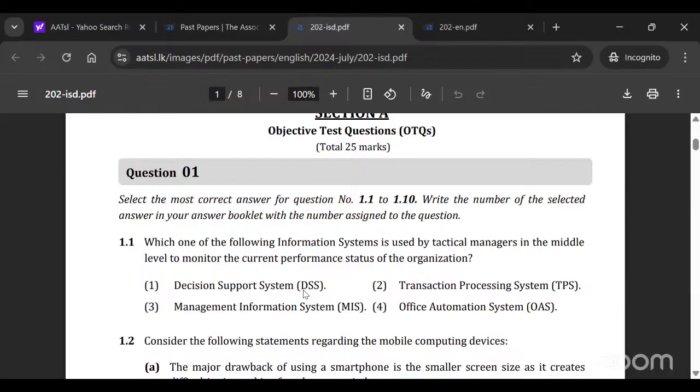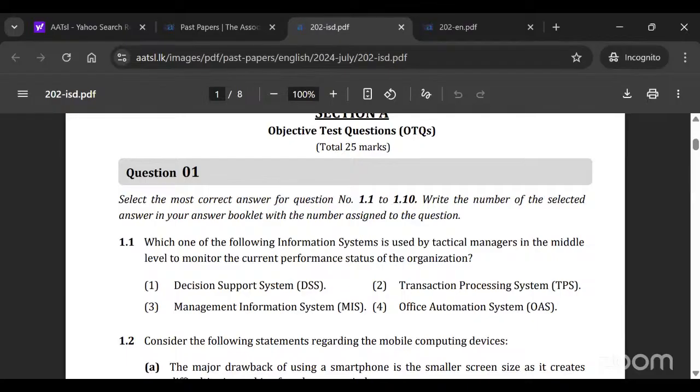Which one of the following information systems is used by tactical managers in the middle level to monitor the current performance status of the organization? Tactical managers. Who are those tactical managers? Tactical managers mean middle level managers, right?